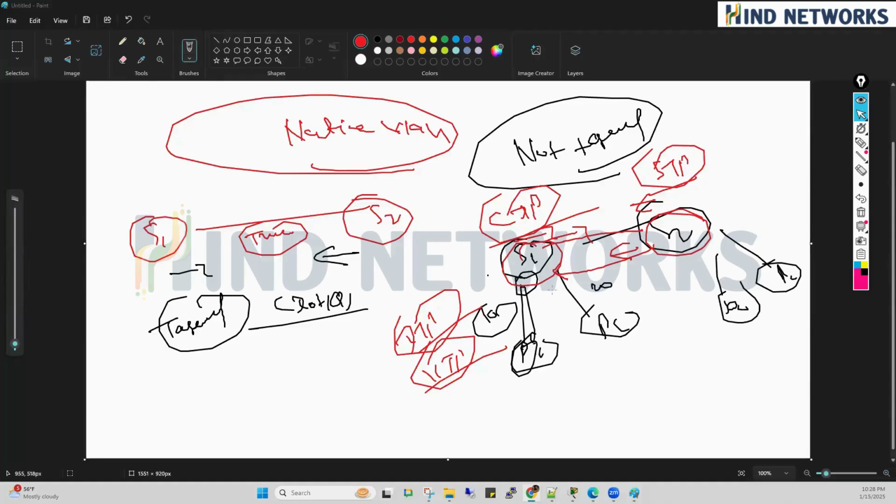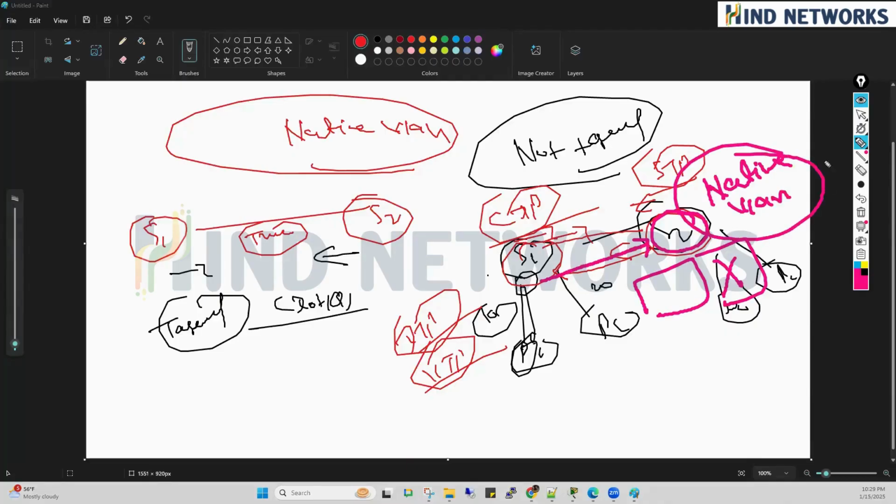So please understand, if this switch sends any traffic towards switch number 2, and switch number 2 opens that packet and finds that there is no tagging in it, then immediately switch number 2 will understand that this packet belongs to which VLAN? The native VLAN.